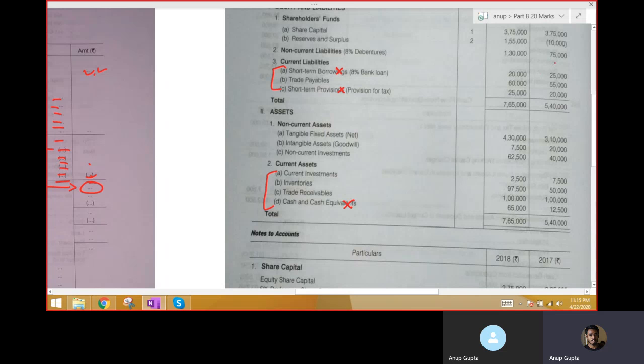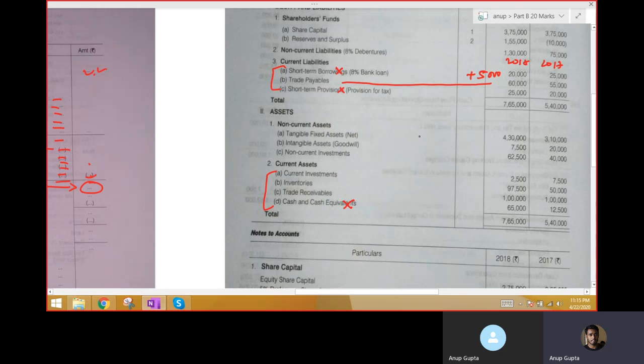This was 2017 and this was 2018. For trade payable, in 2017 it was 55,000 and in 2018 it was 60,000. That means there is an increase of 5,000.